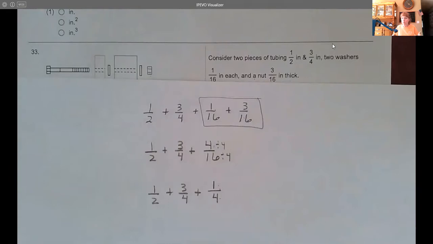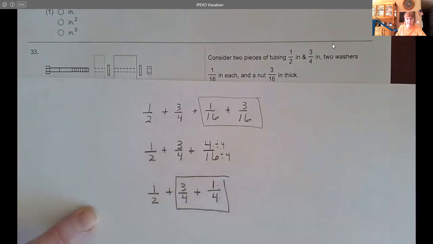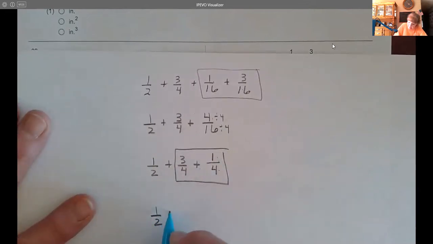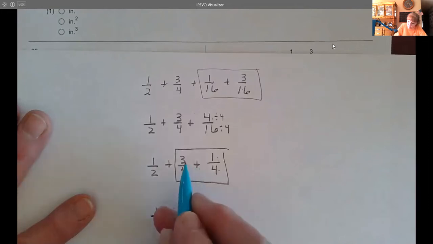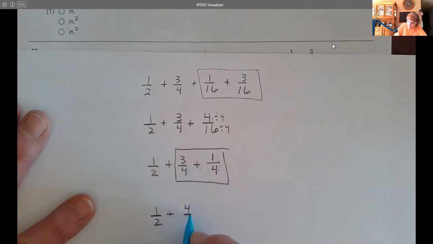Well, what we can do, instead of getting a common denominator with all 3 of those, these two have a common denominator, so I can add those two. 3/4 plus 1/4 is 4/4.